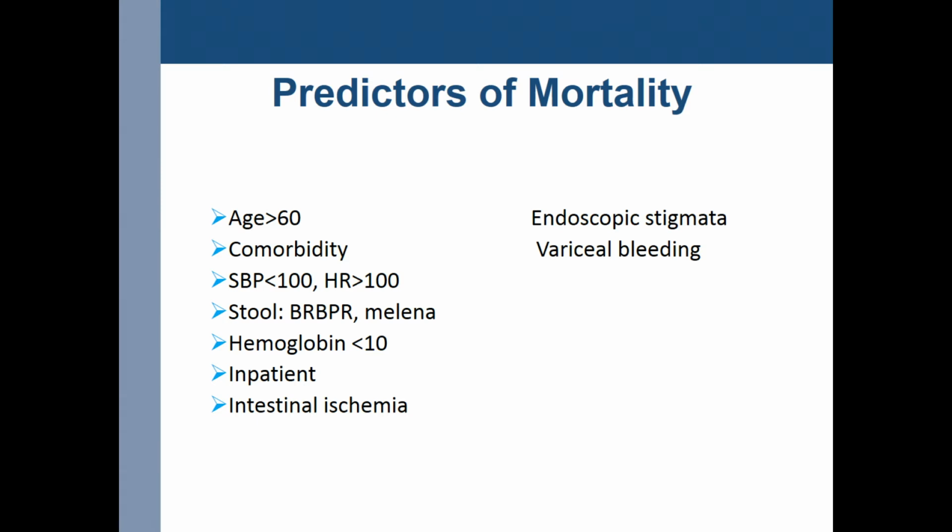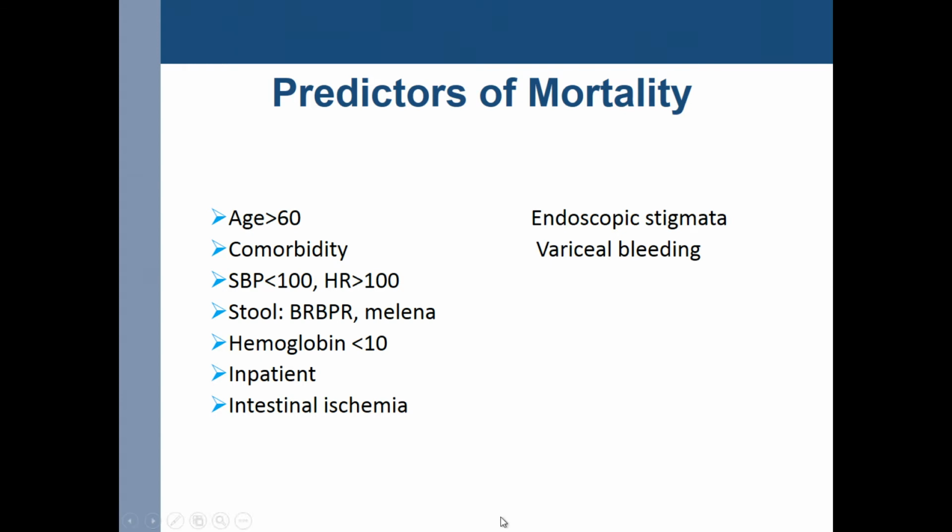Age over 60, a patient with comorbidities, systolic blood pressure less than 100 or heart rate over 100, stool that appears as bright red blood per rectum or melena, hemoglobin less than 10. If the patient is an inpatient when they begin GI bleeding, as we've already discussed before, and if the etiology is intestinal ischemia, those are all predictors of increased mortality.